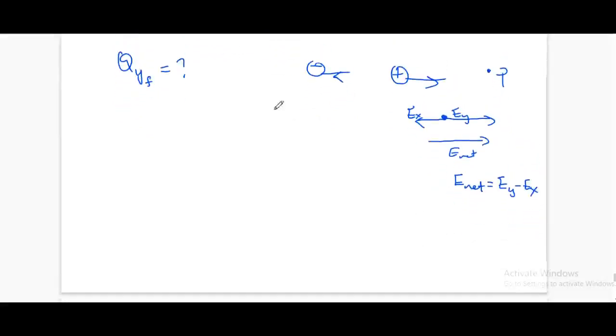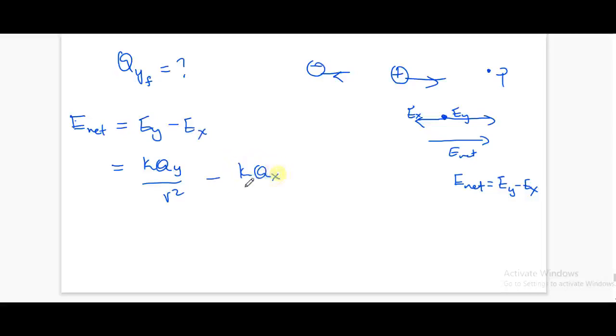So now we understand each other, right? I'm proceeding now. E net is equal to EY minus EX. So how much is EY? EY must be given by kQY divided by r squared, minus EX, which is given by kQX divided by r squared.